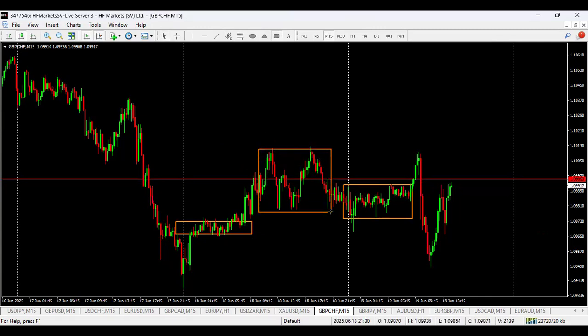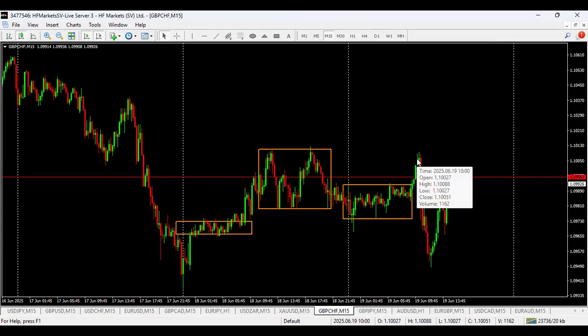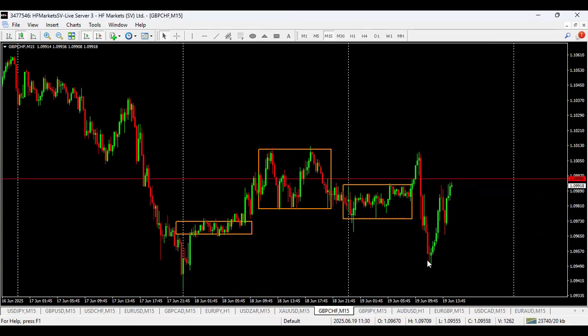We also had this as a consolidation. After this consolidation, we had an uptrend, and then we had this downtrend. We had Swiss franc news this morning, and this was the effect. The volatility here was brought about by the fundamentals. And right now, you can see the market is showing a reversal, so we are now going up.